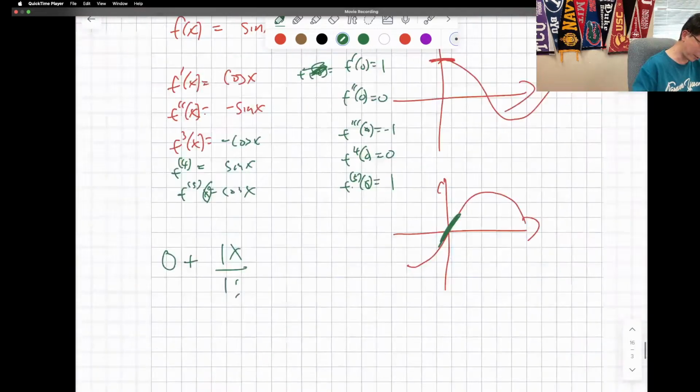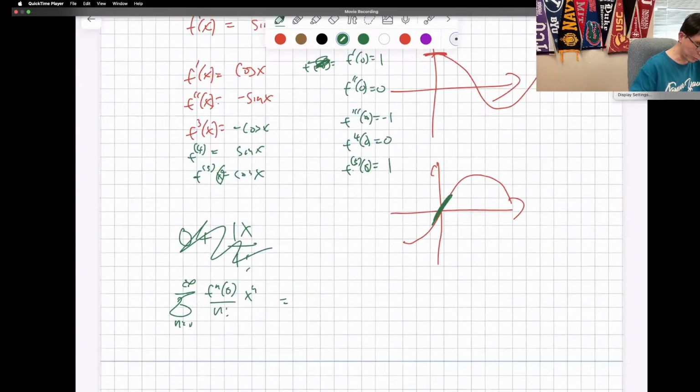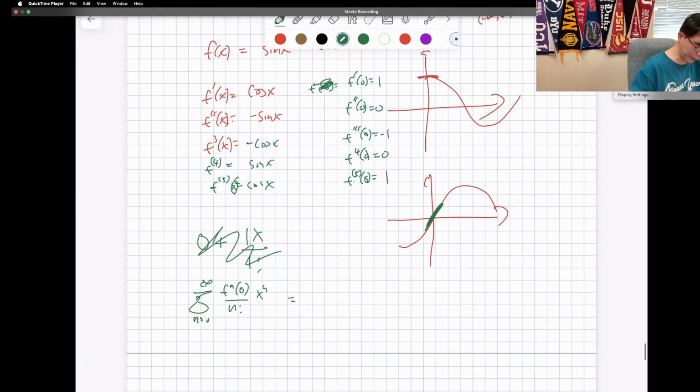So let me write it out again here. This is the summation of f to the n of 0 over n factorial times x to the n, n equal to 0 to infinity. So in this case, the first term is 0 plus x to the 1 over 1 factorial plus 0 times x squared over 2 factorial plus, oh no, this one's minus, you're right.